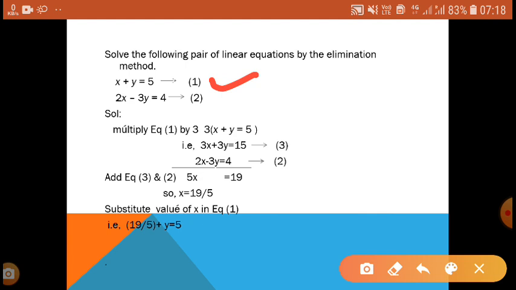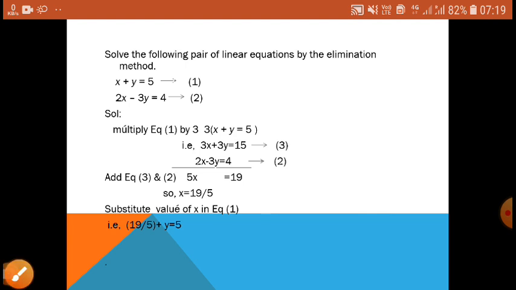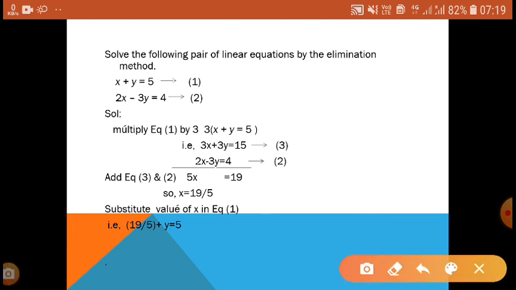It means 3 should be multiplied throughout the equation. So 3 into x is 3x, 3 into y is 3y, 3 into 5 is 15. So we obtained the equation 3x plus 3y equal to 15. Let us consider that equation 3.